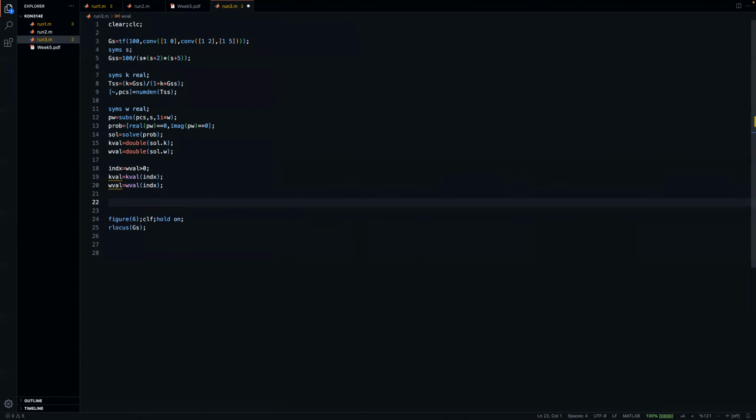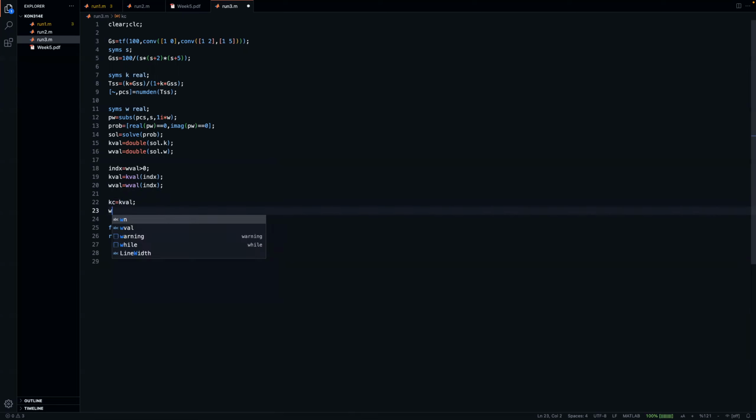Now from here on, I need k critical, which is k_val itself, but omega_val is 2 times pi divided by T critical. So T critical would be 2 pi divided by omega_val. And we're basically there. 0.6 times k critical should give us kp. Hope that I'm not wrong.